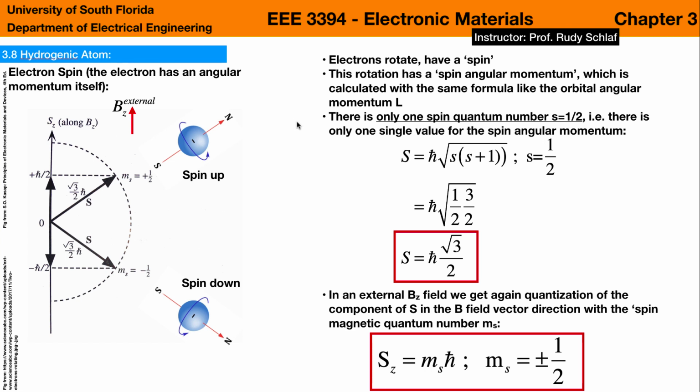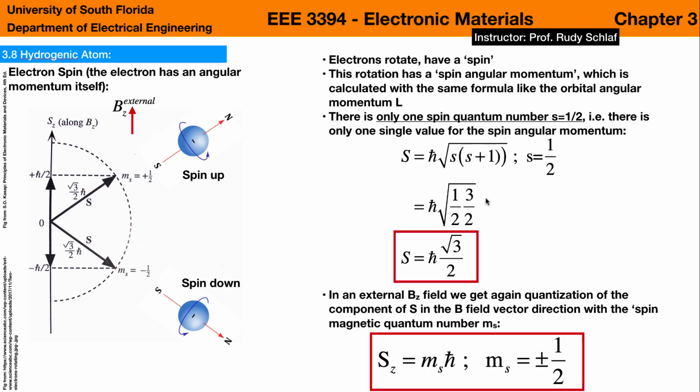It turns out that there's only one spin quantum number, s equals 1/2, and with that quantum number we can calculate the electron spin. The electron spin is constant, it's just h bar times square root of 3 divided by 2. So the electron always rotates at the same angular momentum.